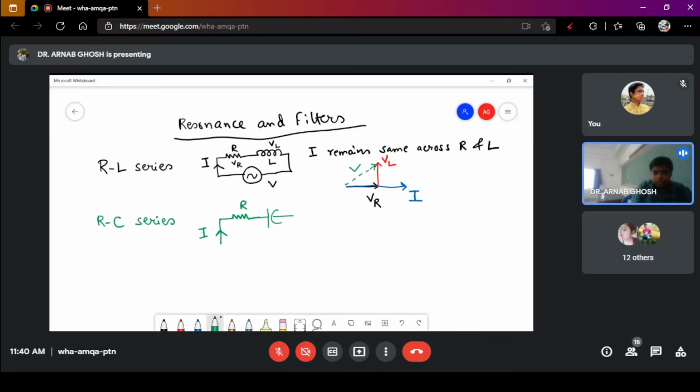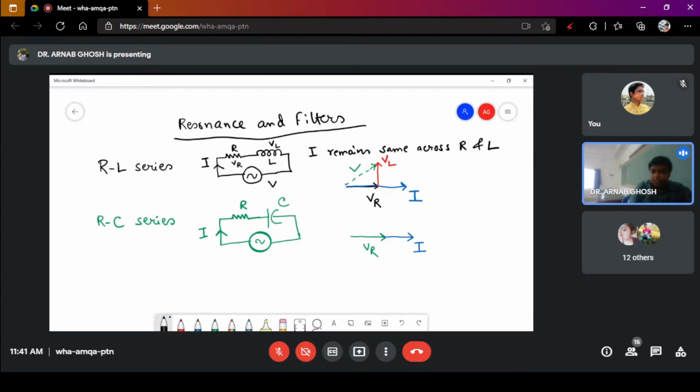Let's say you can draw it like this: this is the voltage and this is the capacitance. So let's again draw this. This is your VR, the same phase as I. Now for the capacitance, you have learned that current leads the capacitor voltage by an angle of 90 degrees.